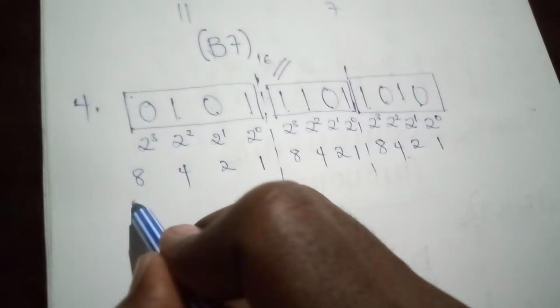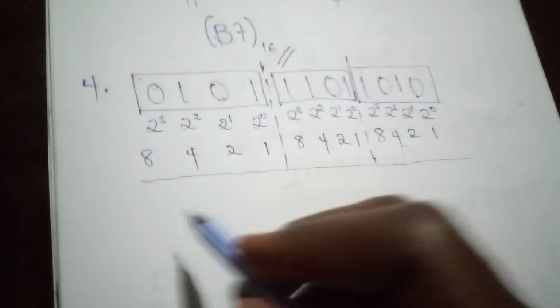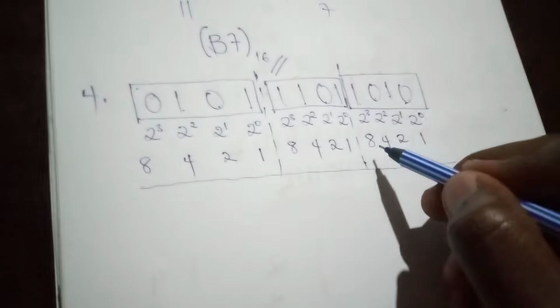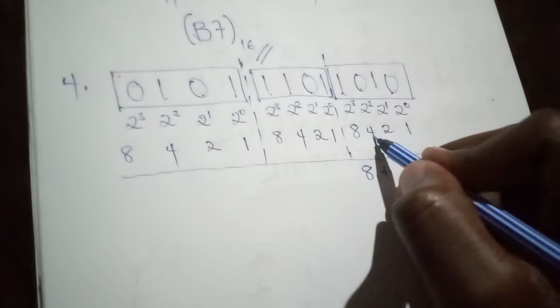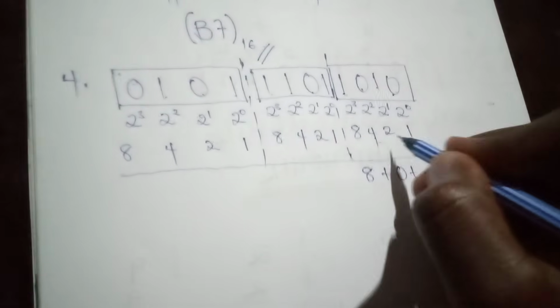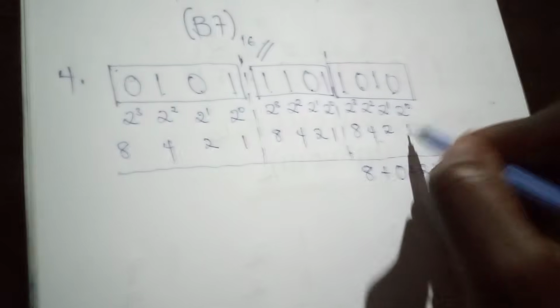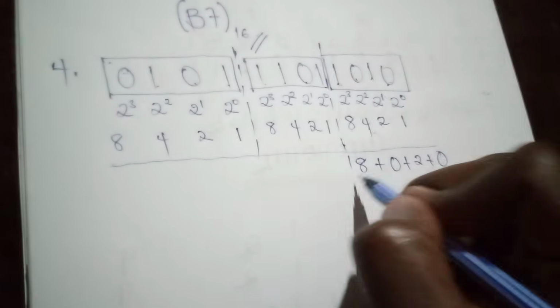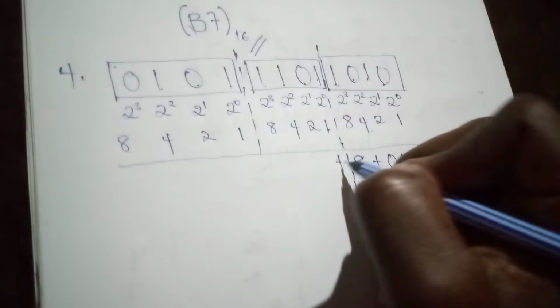Now, the numbers that you have obtained should be multiplied with the binary number that you have been given. Let me do this: 8 times 1 is 8, plus 4 times 0 is 0, plus 2 times 1 is 2, plus 1 times 0 is 0. And then from there, 1 times 1 is 1.